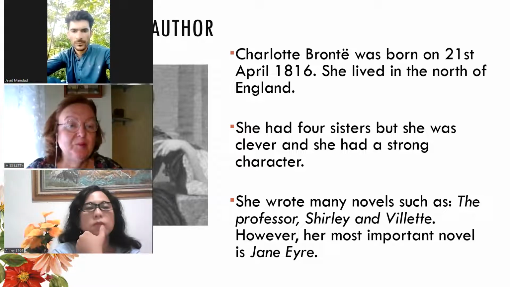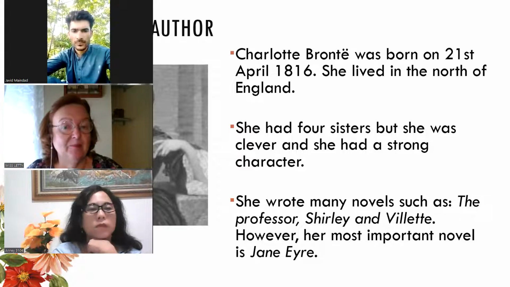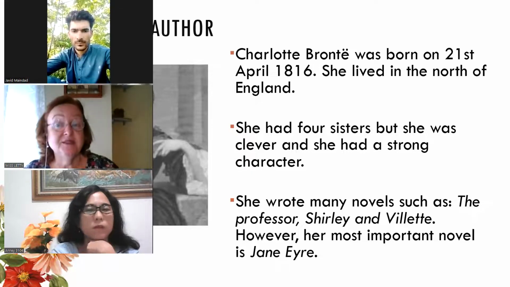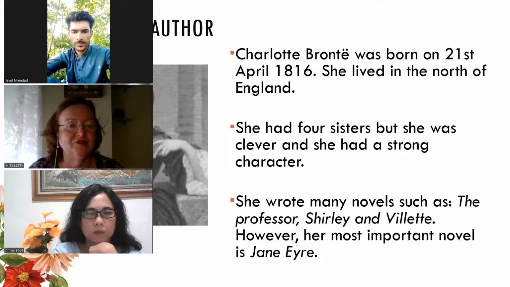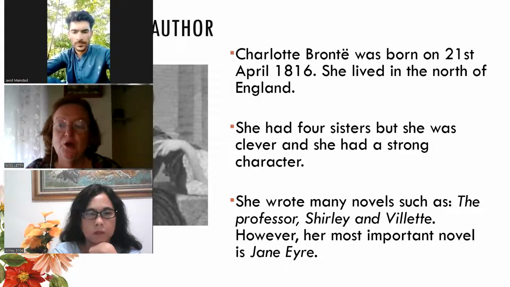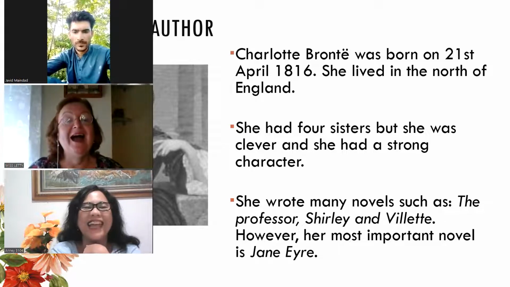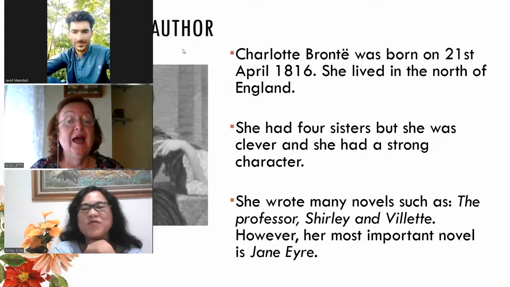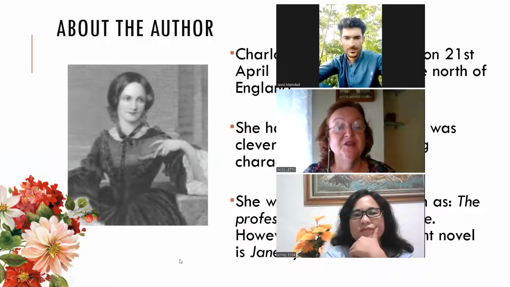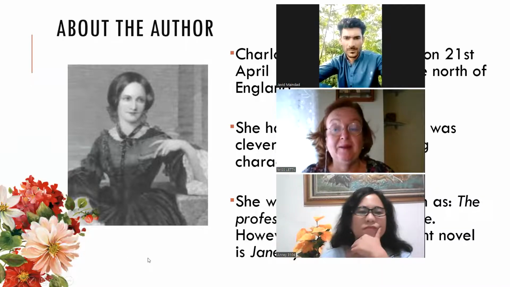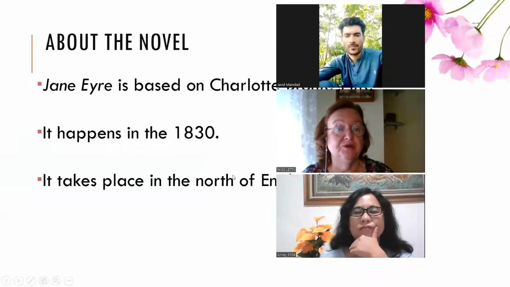The north is Liverpool, Manchester, Newcastle, for example. She had four sisters, but she was clever and she had a strong character, just like our friend Annie, who has a strong character. And she wrote different books, her most famous being Jane Eyre. This is another photograph of maybe how she looked.